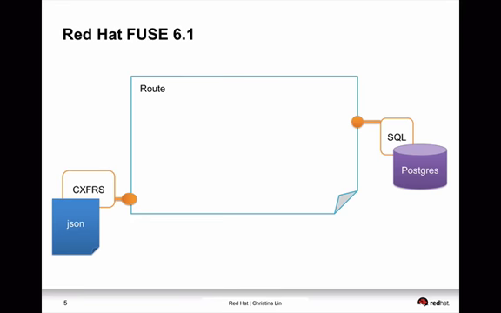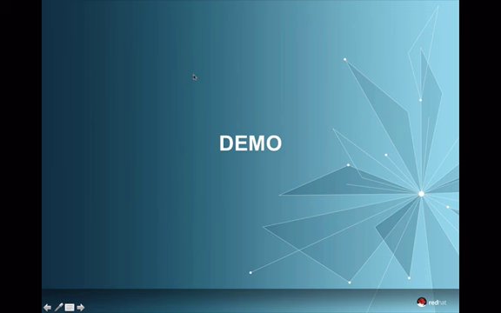The only thing we need to do is get the information out from the database, put the data together into a JSON format, and expose it through the RESTful web services, which is provided by the CXF components in JBoss Fuse 6.1. And let's get on with our demo.